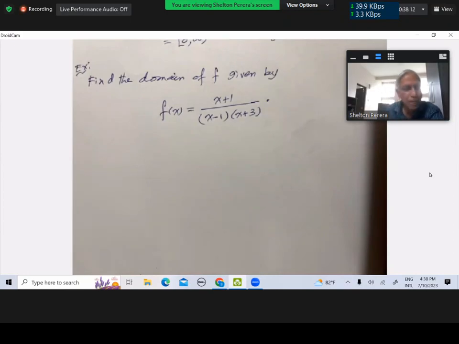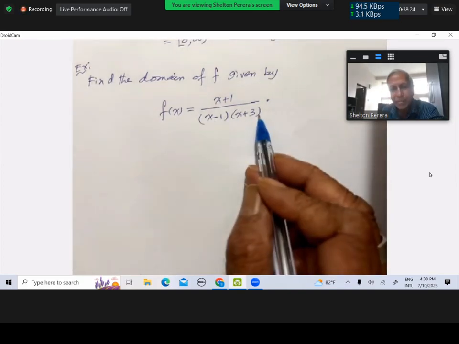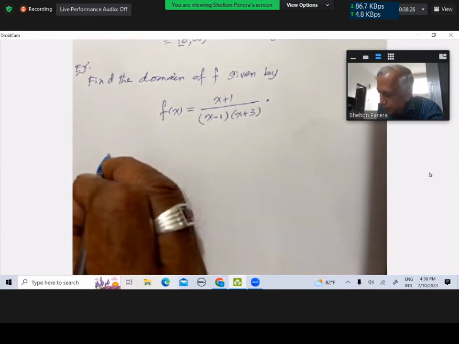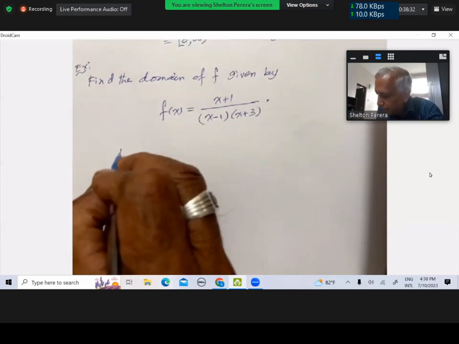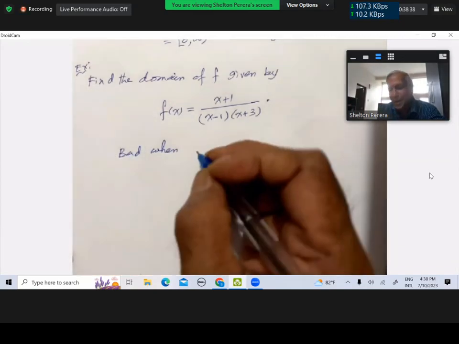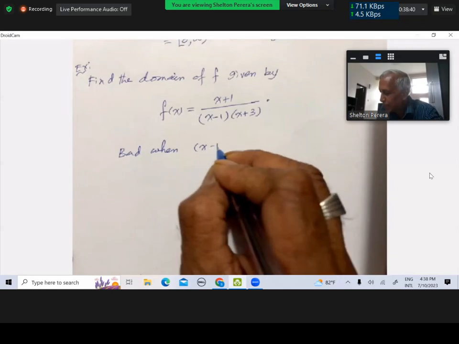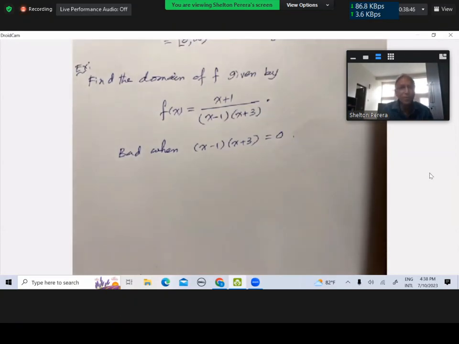Now 1 over x only had x equals 0 as a bad place, because 1 over 0 is undefined. Here also there is a denominator. The rule is bad when x minus 1 times x plus 3 equals 0. If the bottom is equal to 0, the rule is undefined.